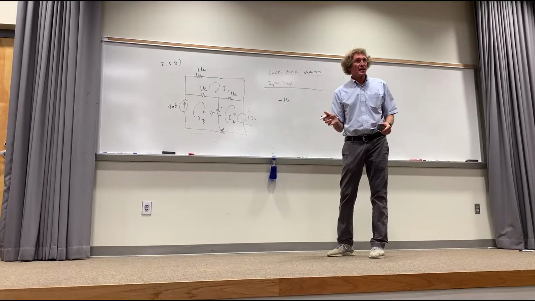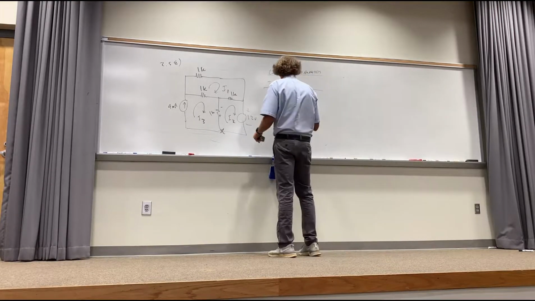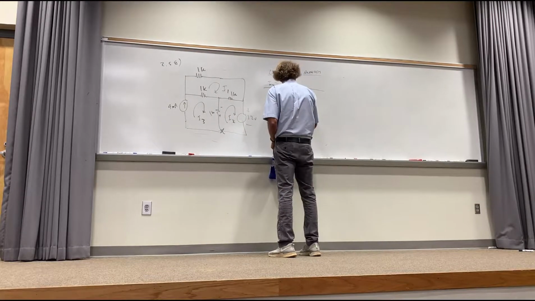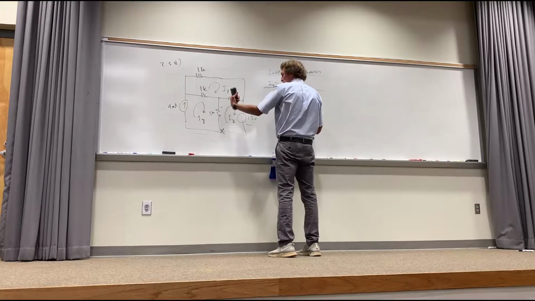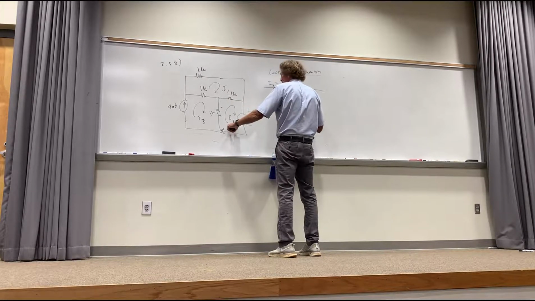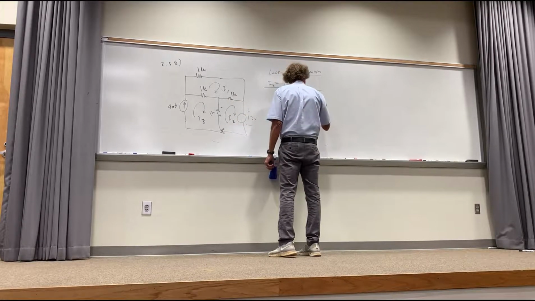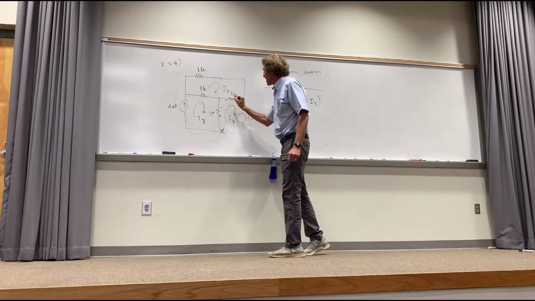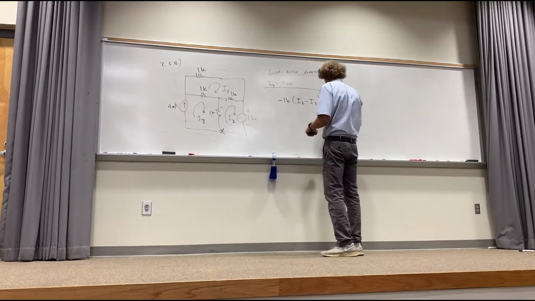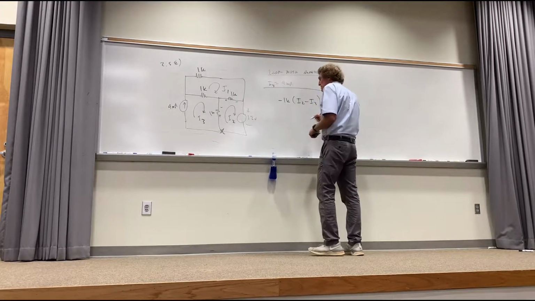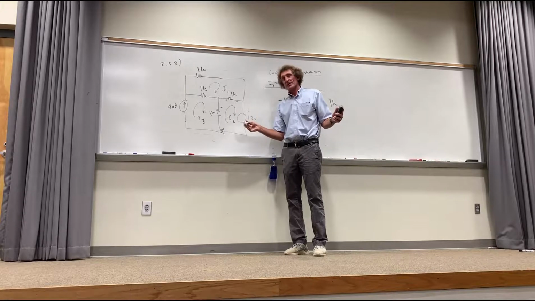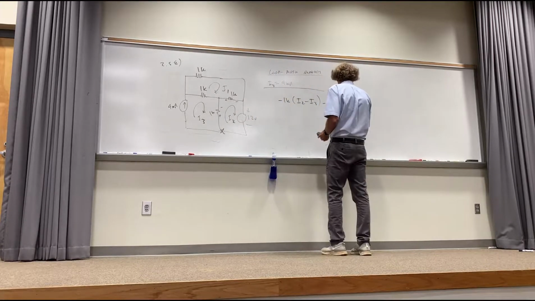The net current flowing in this direction is what, class? I2 minus I3. I know my handwriting is bad. Now I come here, and I want them as drops, so minus 1K, that's the resistance. What's the net current flowing in this direction, people? I2 minus I1.